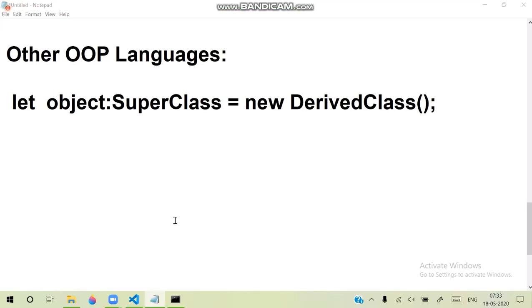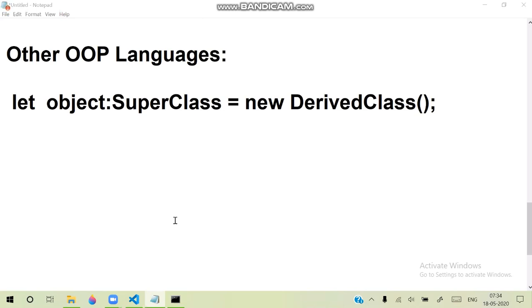Because the superclass constructor will be called first. Yeah, that's good. That means first superclass constructor will be executed, then followed by derived class constructor.